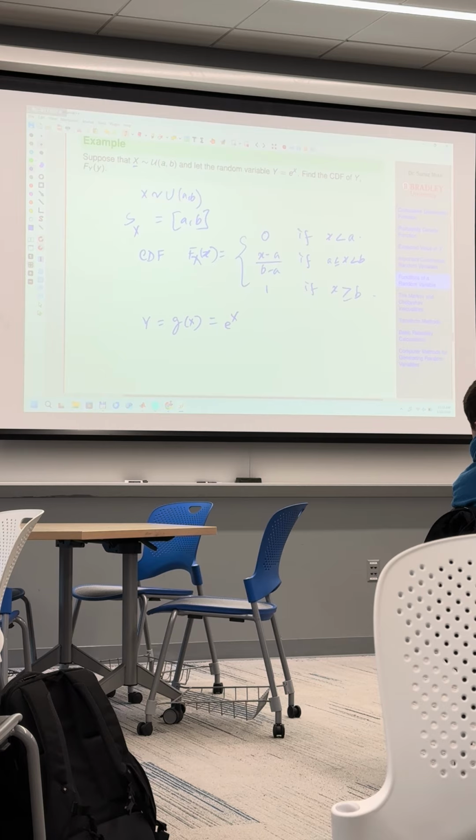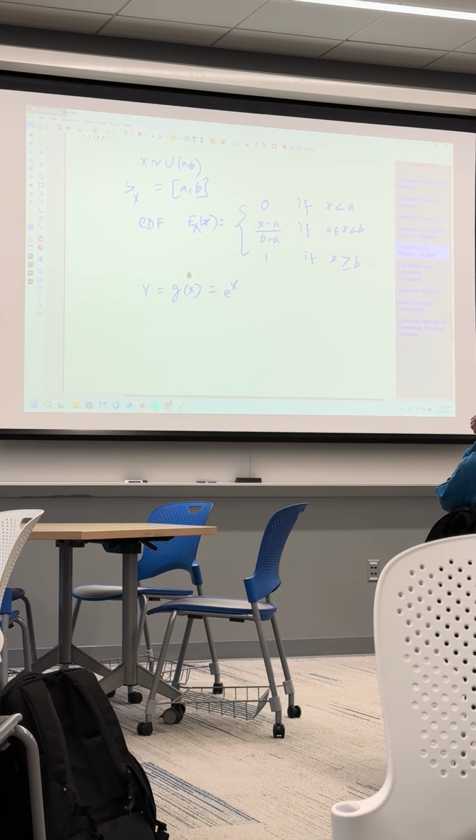Now, how to find the CDF? I'm just going to directly write down the answer, guys, because I need to cover some other topics. To find the CDF, this is the solution.